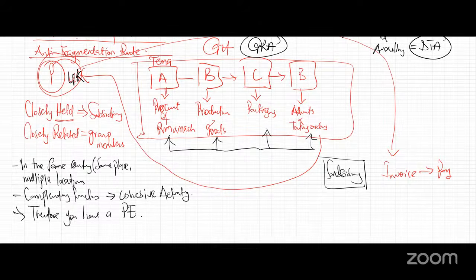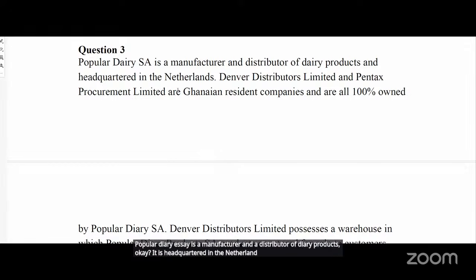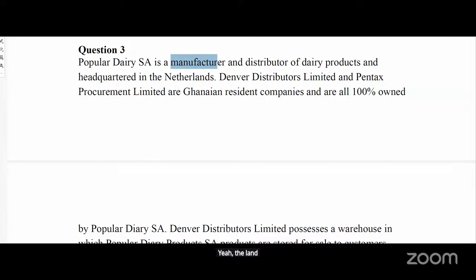So let's see if you can identify something here. Why is this question behaving like this? Popular Dairy SA is a manufacturer and a distributor of dairy products. It is headquartered in the Netherlands. But what does it always look for?